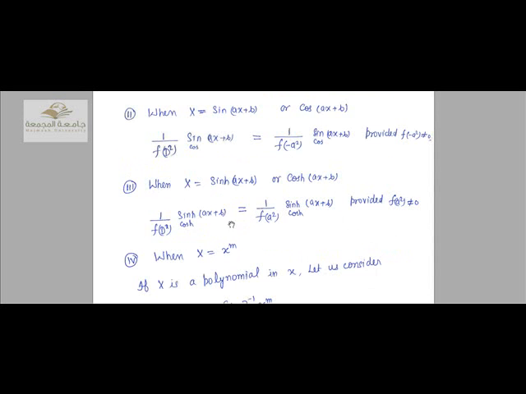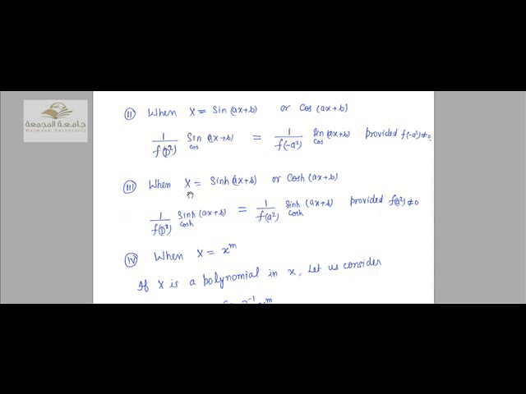Now the second one, when X = sin(ax + b) or cos(ax + b), the particular integral is 1/f(D²) sin(ax + b) or cos(ax + b) = 1/f(−a²) sin(ax + b) or cos(ax + b), provided f(−a²) is not equal to 0.